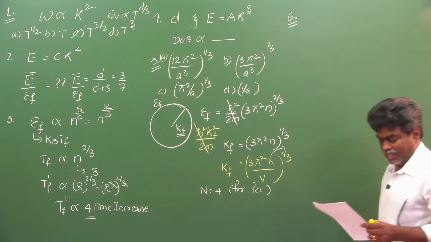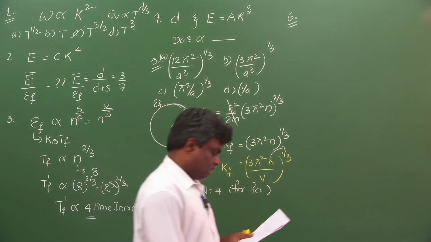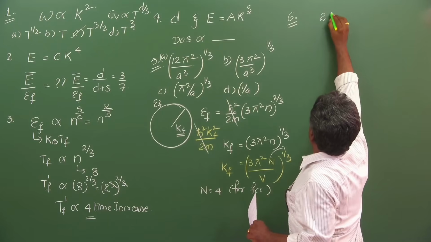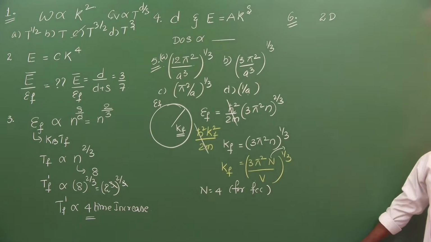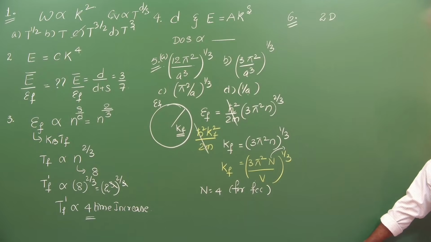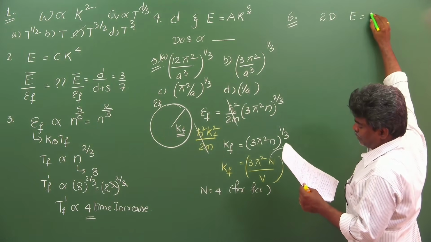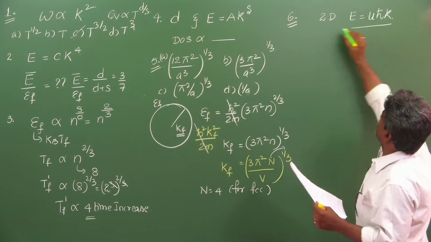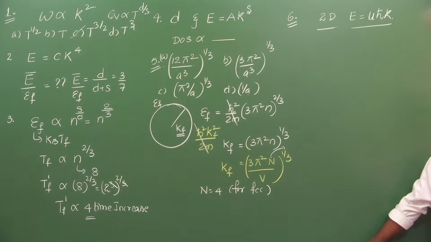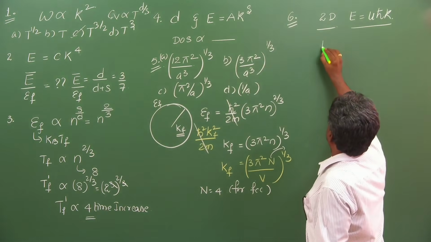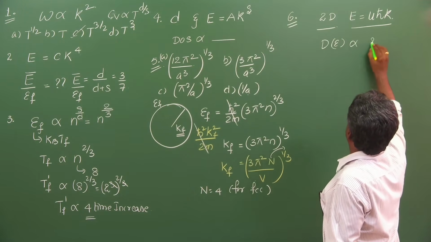This is June 2013. If the energy dispersion of a 2D electron system is E equal to u h cross K, where u is the velocity, then the density of states proportional to E power.